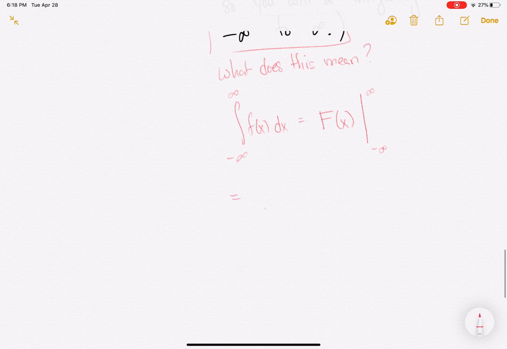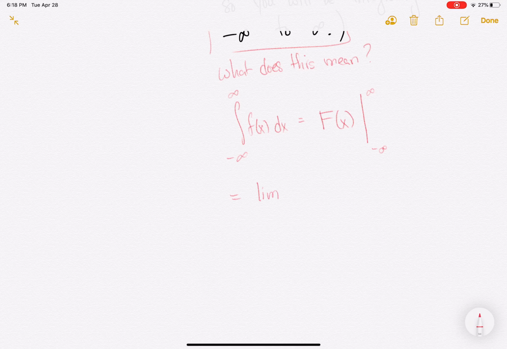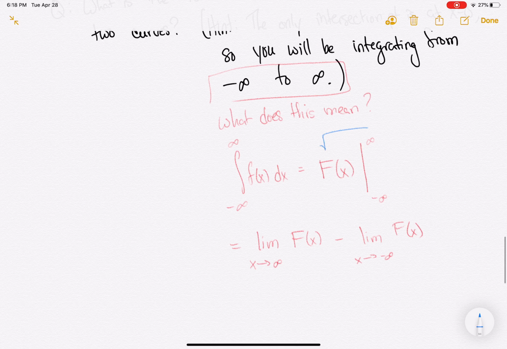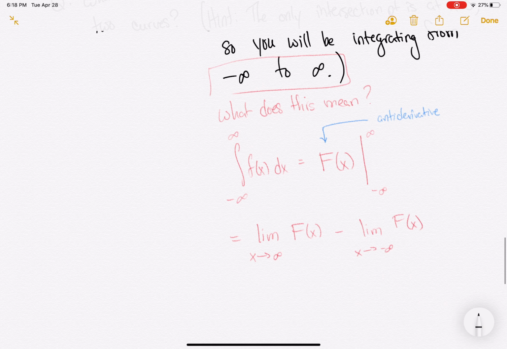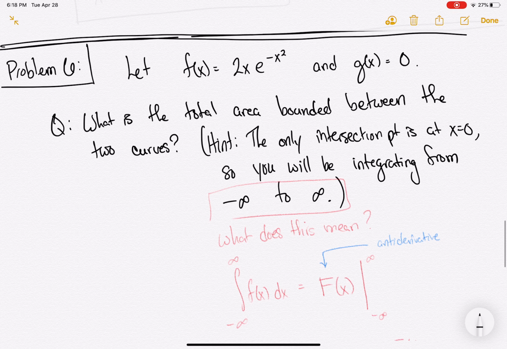This is the limit as x goes to infinity of the antiderivative minus the limit as x goes to minus infinity of the antiderivative. So you treat it the exact same way you would treat a regular integral. You just take limits at the end. So I wanted to introduce that concept here. What better time to do it than studying for the final, right? So let's just do that.